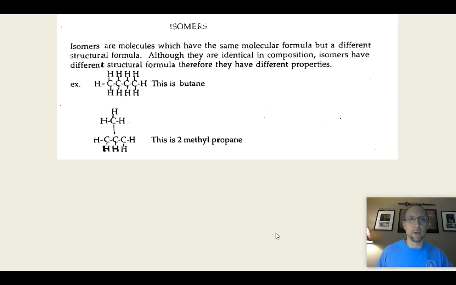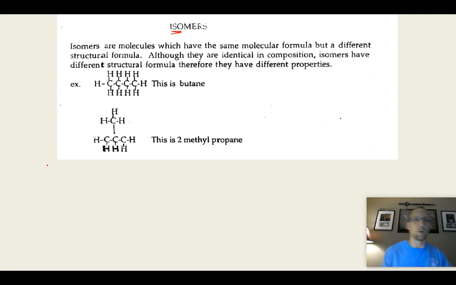Today we're going to get into something called isomers. So we've seen iso before, and it always kind of means the same thing. So if we talk about isotopes, those are atoms of the same element with a different mass. So something is similar with iso.